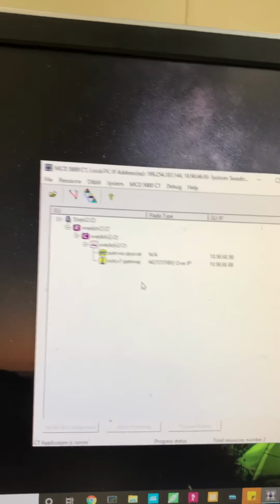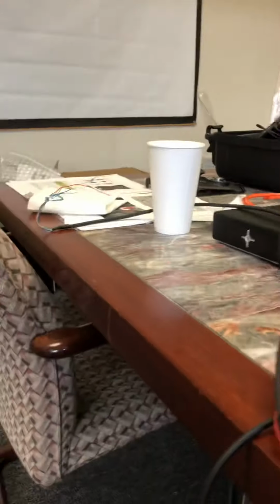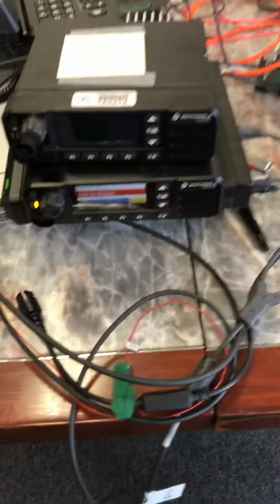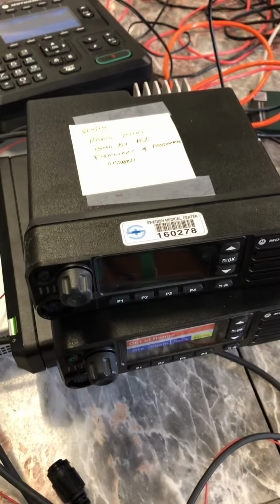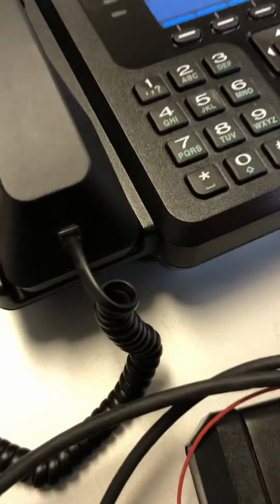And the cable, I did restart the radio and everything all the time, and it just does not activate that IP address. It could be that it's a lousy cable.